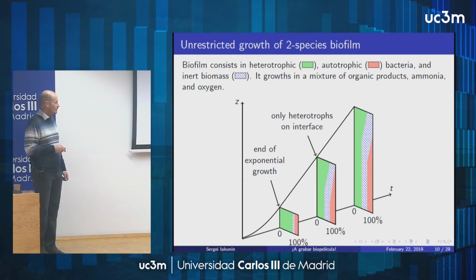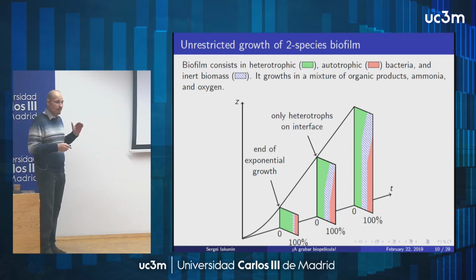Next, there are not enough nutrients and oxygen, and the growth of biofilm is slowed down, and we have only linear growth of biomass. Until the moment when there starts a competition between heterotrophic and autotrophic species for the oxygen. And since we have mostly heterotrophic species from the beginning, at some moment all autotrophic species disappear from the interface of the biofilm.